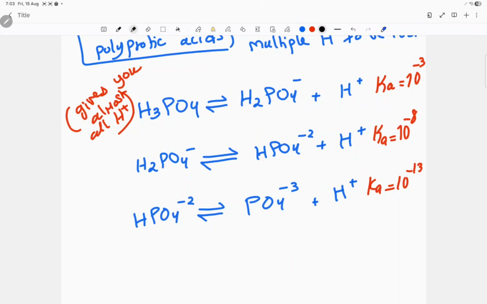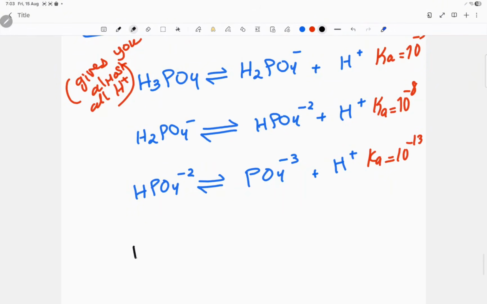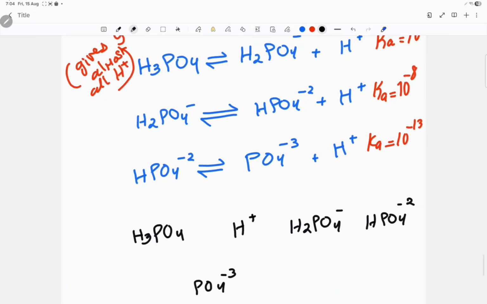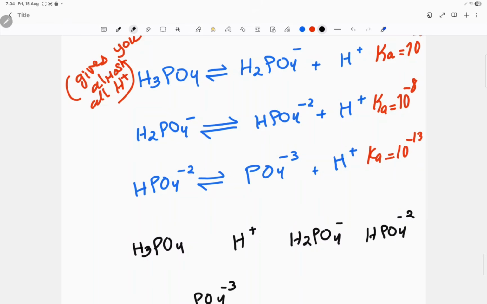So look, what do we have right now? We have H3PO4, H plus, H2PO4 minus, HPO4 -2, and PO4 -3. Which one of these is going to have the highest concentration, the highest molarity?